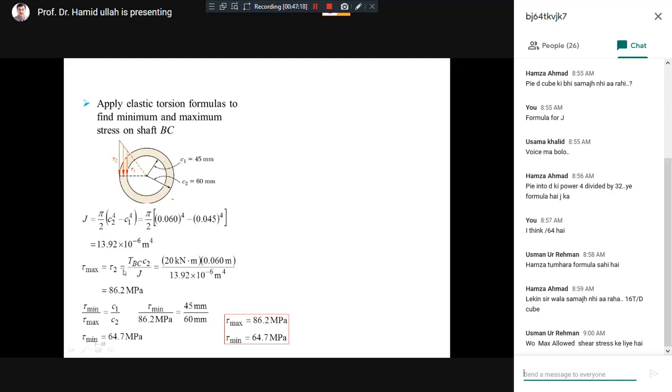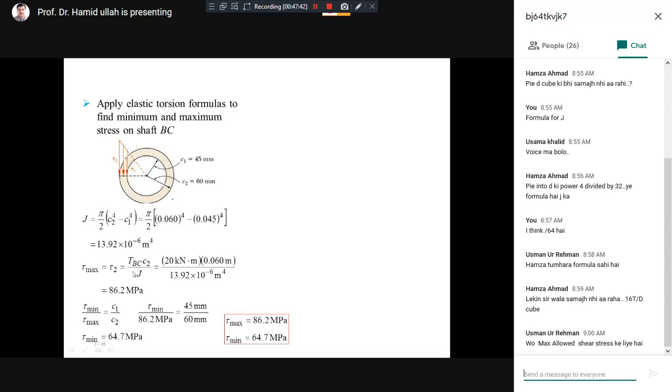So tau 2 equals, what is the formula? T C divided by J, TC by J. Remember, TC by J. What is the torque? Here we write T_BC, because this part belongs to the BC part of the shaft. Why C2?